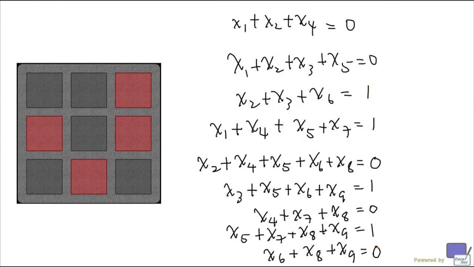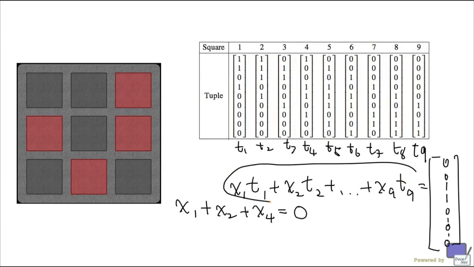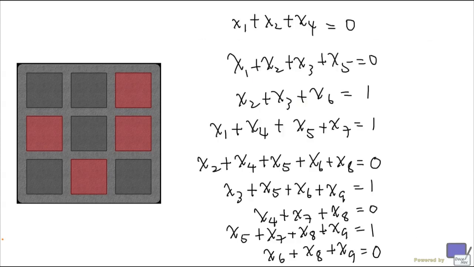So here are the 9 equations that come from the 9 components of the tuples. The left-hand side comes from evaluating this, and the right-hand side will simply come from this tuple here. Now this is a large system, and we want to solve this system in the sense that we want to find values for x1 up to x9, 0 or 1, such that all equations are satisfied.